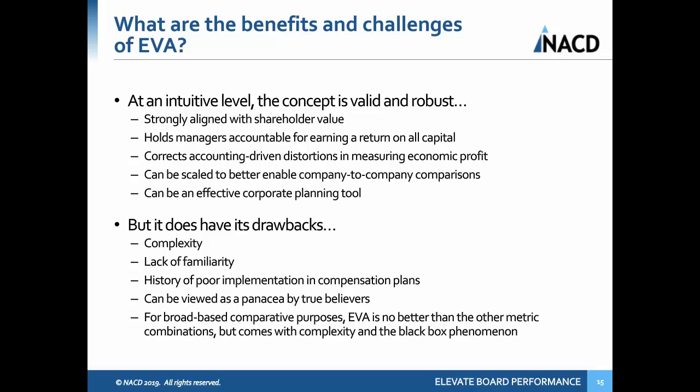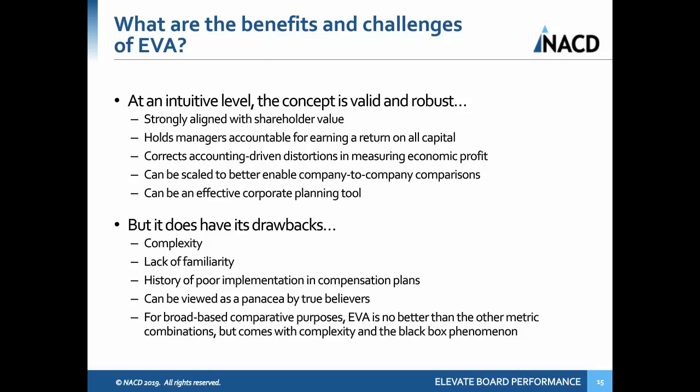We'll see some data in a minute about the prevalence of EVA in incentive compensation plans, but if it's not a very popular measure, you can't expect that your incentive population is going to be real familiar with the measure, and so that lack of familiarity creates a bit of a hill in terms of implementing an EVA-based incentive compensation program.